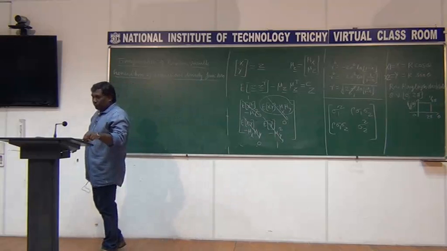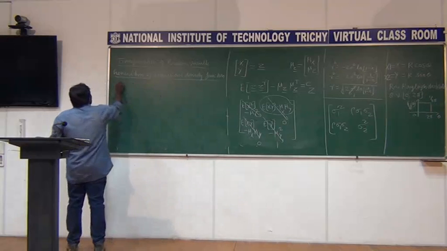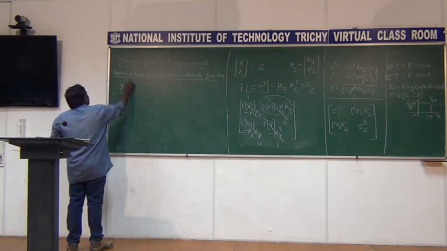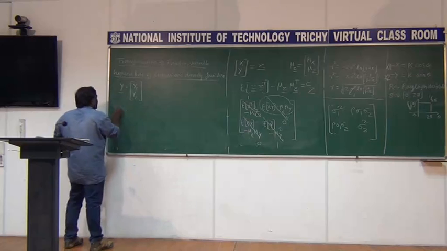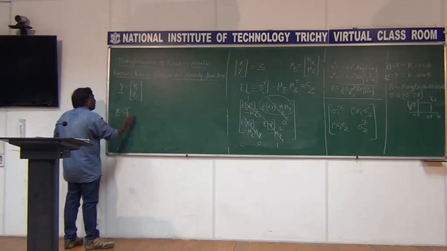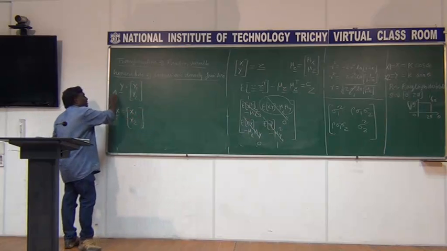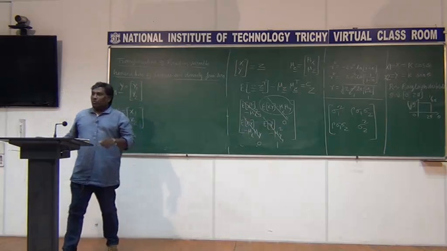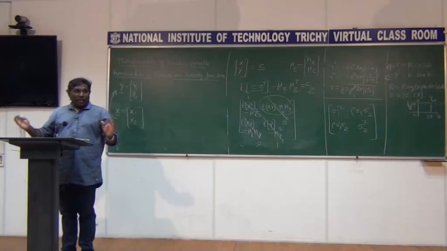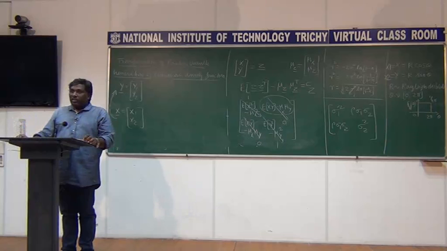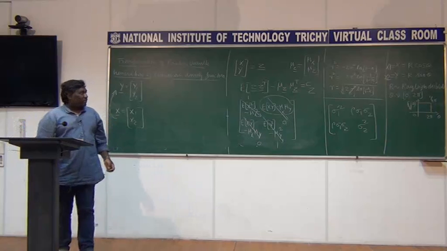So you are given a random vector x1, x2. I need to convert this to y1, y2. They need to be related. They are related using what we call a transformation matrix.